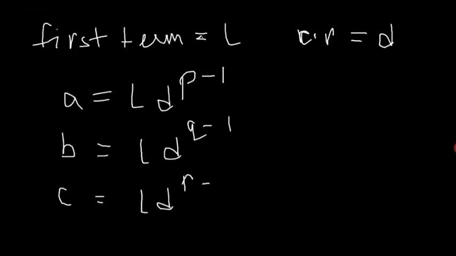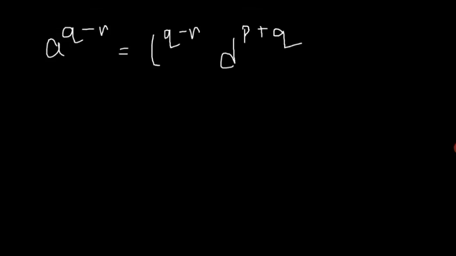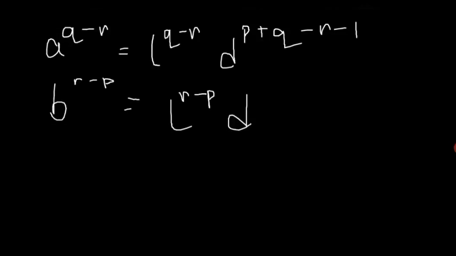Now if you find A to the power q minus r, that will be L to the power q minus r into d to the power (p minus 1) times (q minus r). You know this exponents thing, I am not going to tell you. Then B to the power r minus p will be L to the power r minus p, d to the power (q minus 1) times (r minus p).